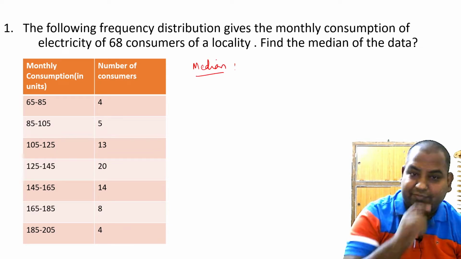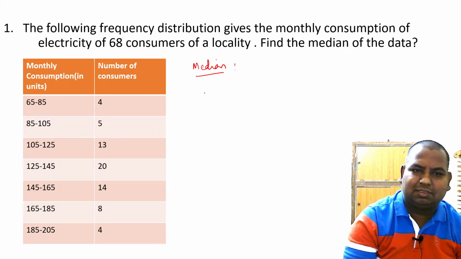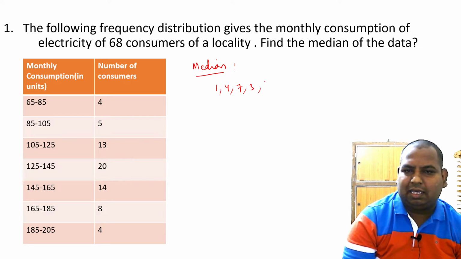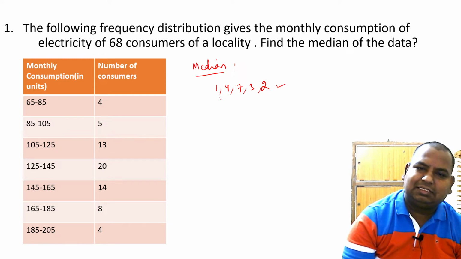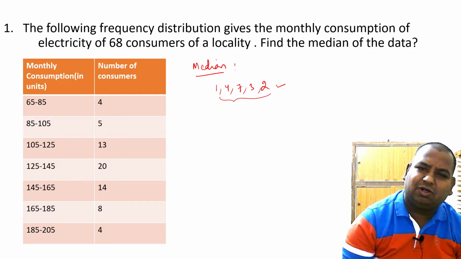For example, we have five numbers: 1, 4, 7, 3, and 2. I want to find the median of this ungrouped data. I need to arrange these observations in ascending order, small to big, or descending order, your wish.